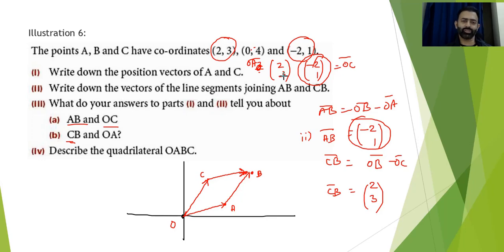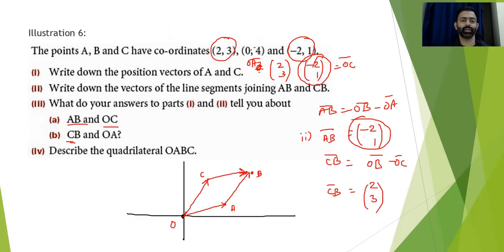But according to the question, vectors OC and AB are equal, so their direction must also be the same. If one vector is the negative of another, say vector A is in this direction and vector B is in the opposite direction, then I can write this as minus A. The magnitude is the same but the direction is opposite, so the minus sign indicates that.